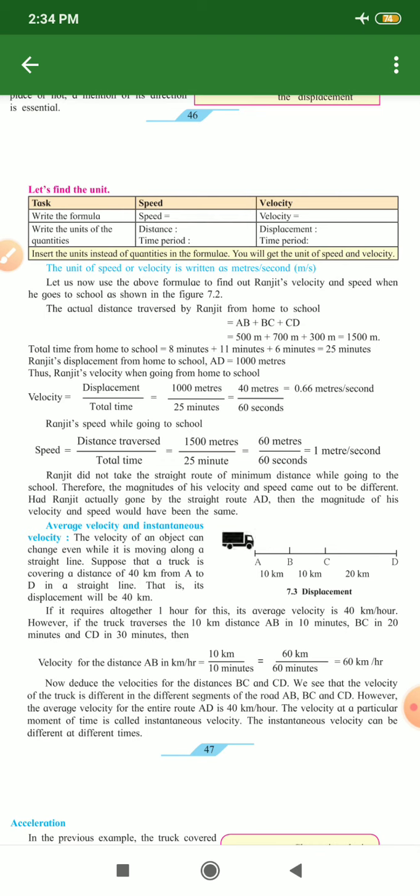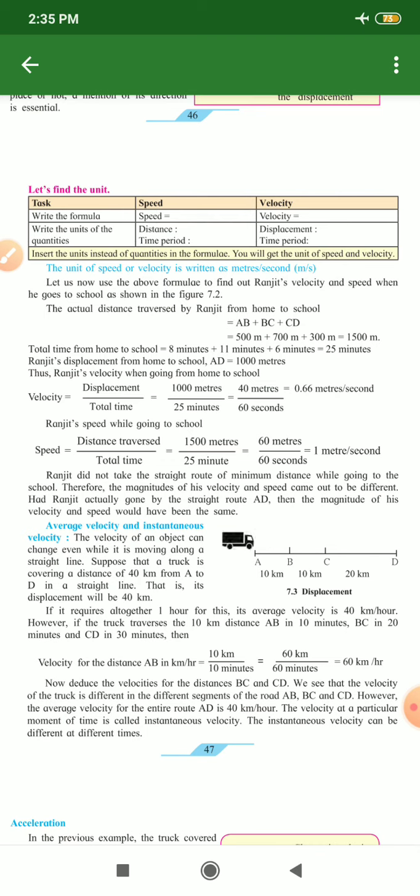That is equal to 60 kilometers per hour. Now deduce the velocities for the distance BC and CD and we see that the velocity of the truck is different in different segments of the road AB, BC and CD. However, the average velocity for the entire route AD is 40 kilometers per hour.